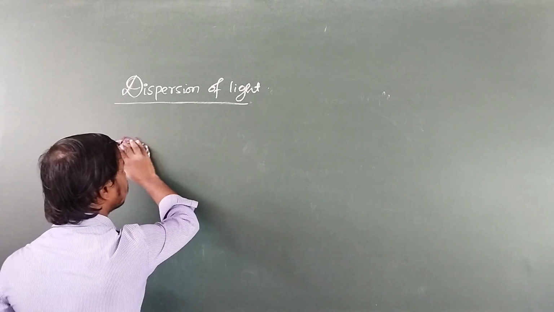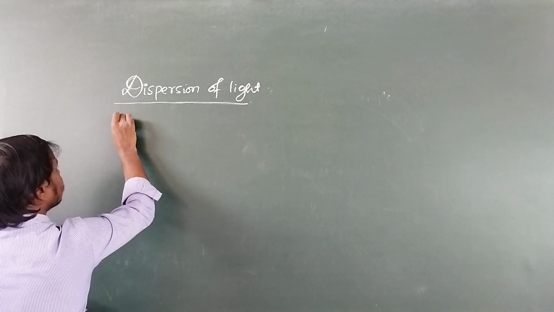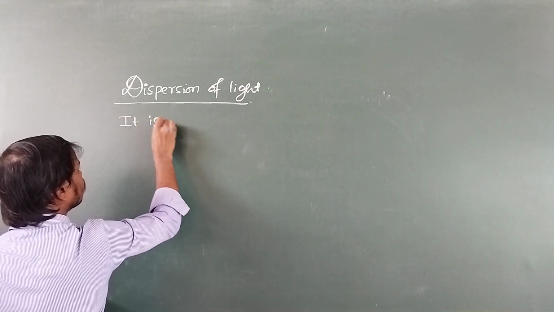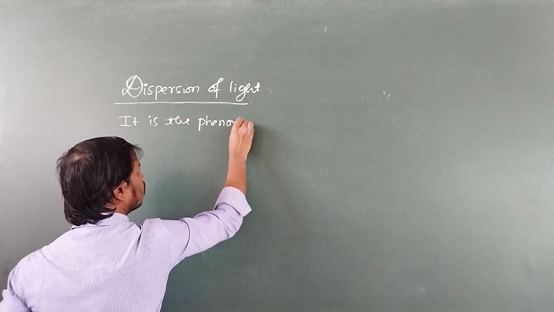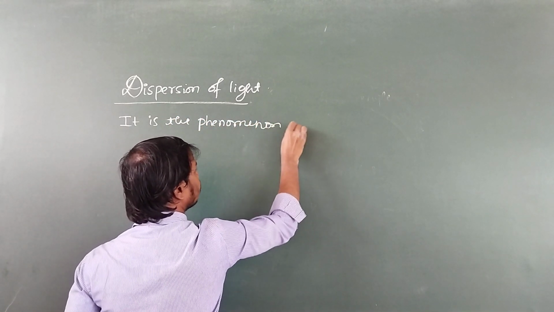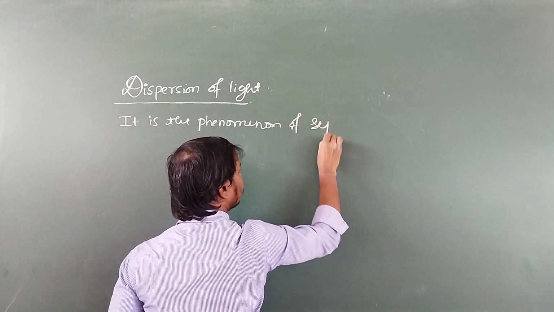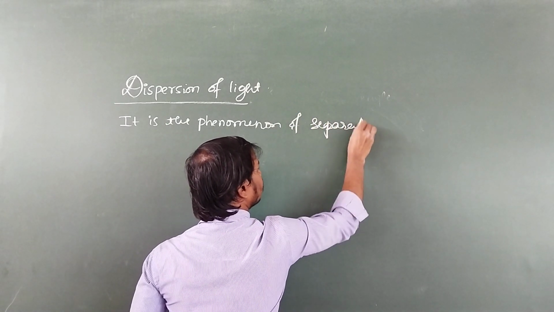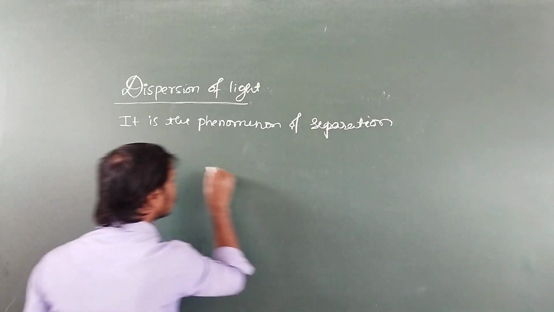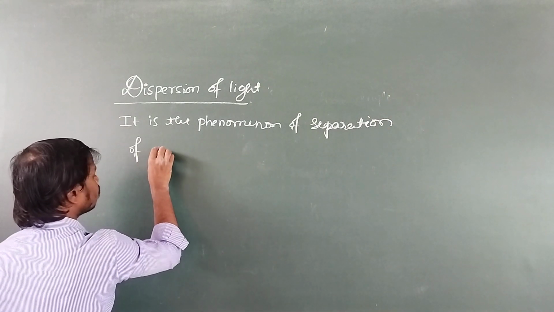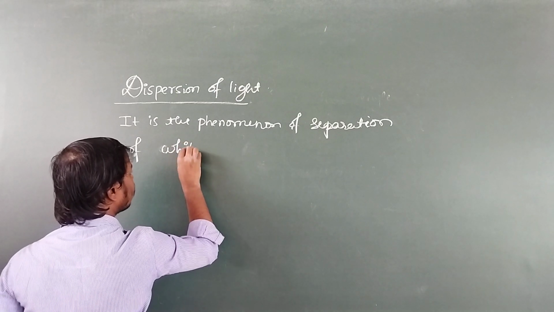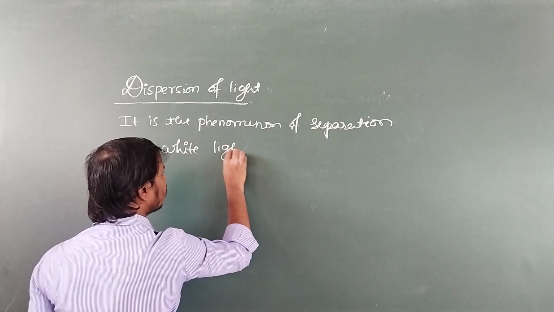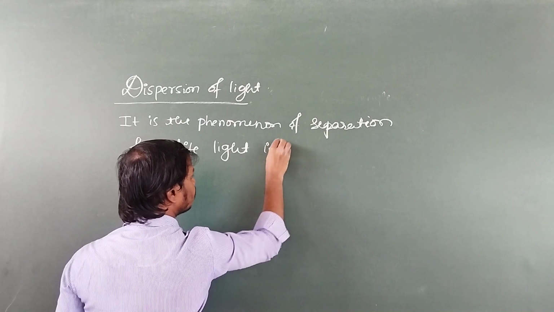So what is the dispersion of light? It is the phenomenon of separation of white light into its constituent colors.